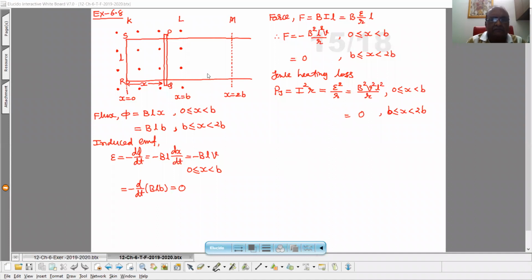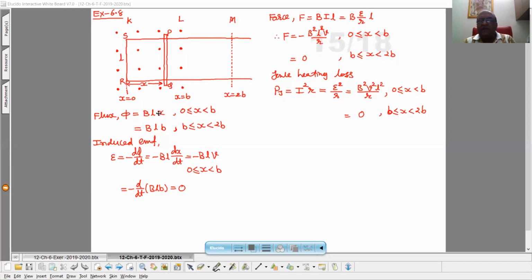Now see, this conductor PQ is moved from RS, means x equal to 0 to x equal to 2b, and then from x equal to 2b to x equal to 0, right? So in this way it is moved.